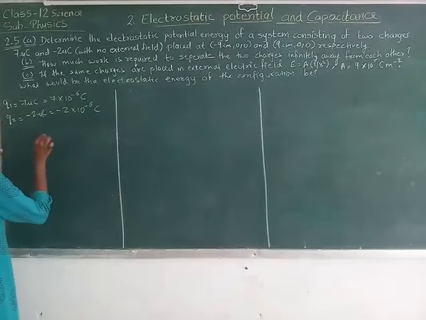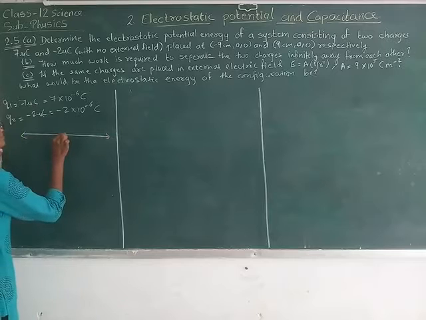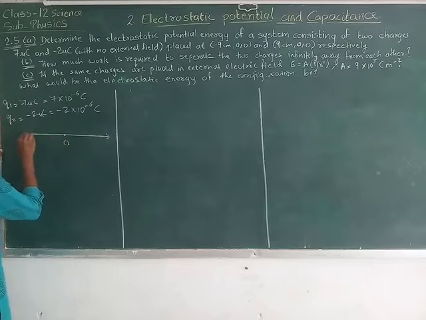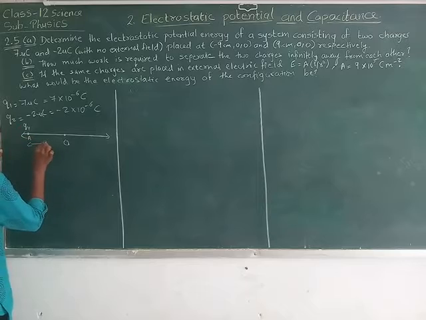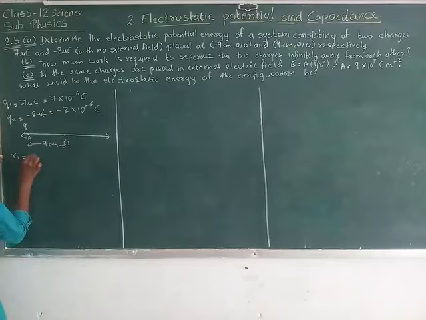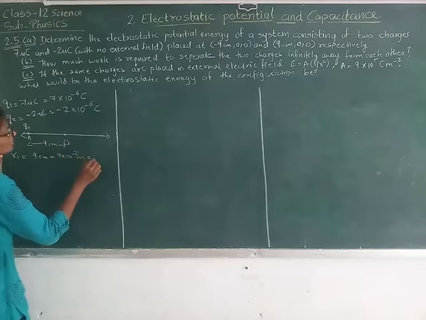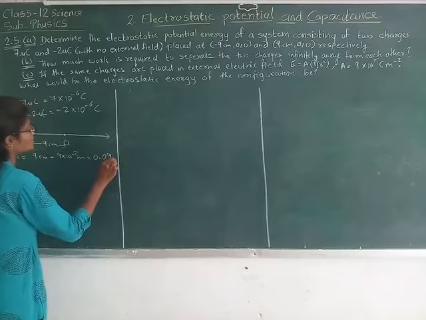Let us consider this x coordinate system like this, with the origin, and here the charge Q1 is to be placed. Let this be point A, and the distance is 9 centimeter away from the origin towards the left hand side, so it is minus 9 centimeter. Let us consider that as R1 equals 9 centimeter, that is 9 into 10 raised to minus 2 meter, or 0.09 meter.